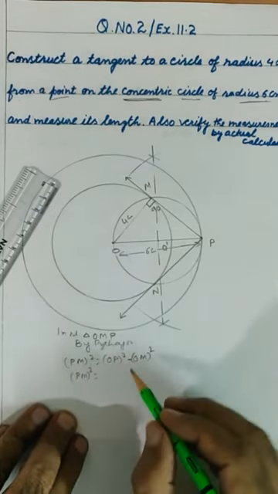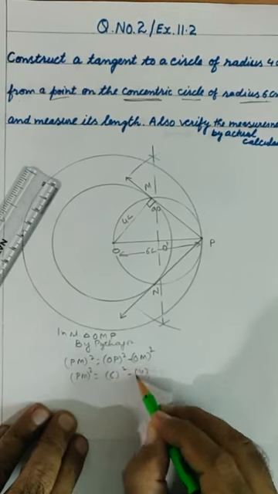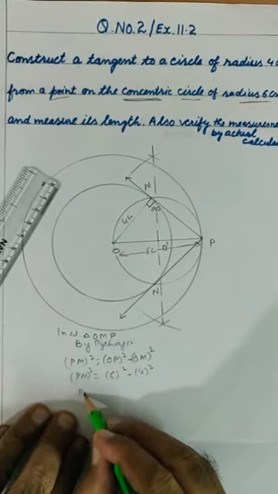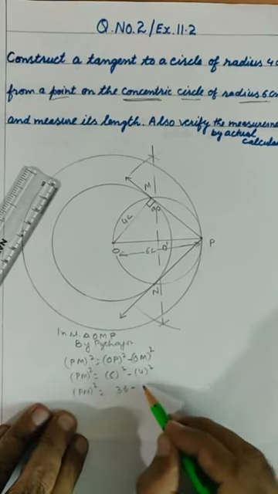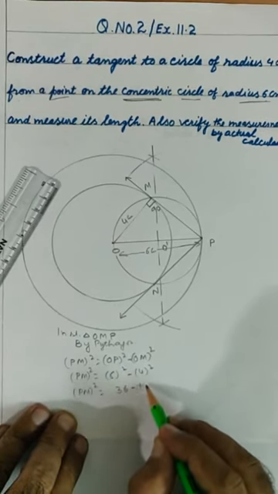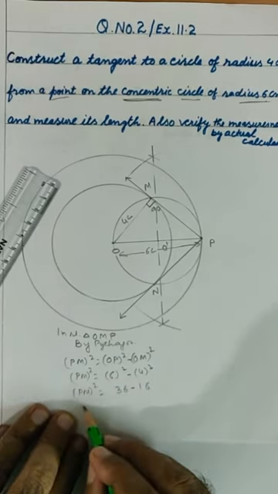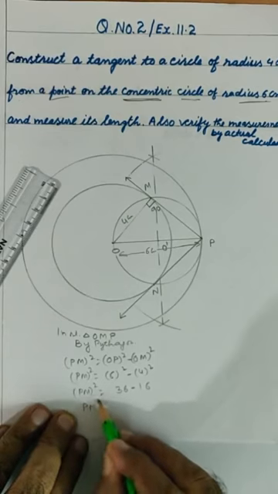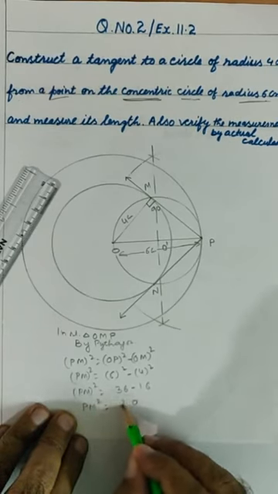This OP is 6, square minus 4 square. This is PM square equal to 36 minus 16, and this PM square is 20.